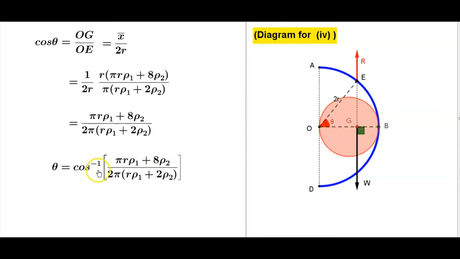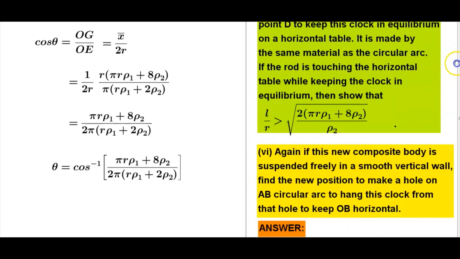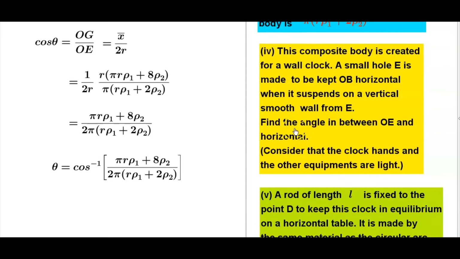Therefore, theta is equal to cos inverse of that. This is the answer for this part: find the angle between OE and horizontal.